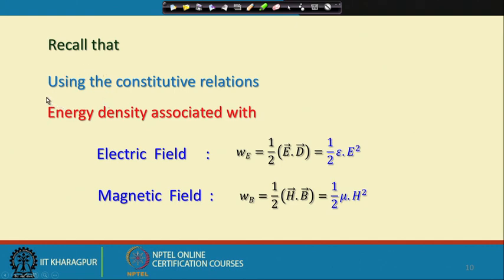So, the propagation direction is the direction along which the energy transport takes place. Now, let us recall that using the constitutive relations, the energy density associated with the electric field is half E dot D, which is equal to half epsilon E square, and the energy density associated with the magnetic field is in the same way half H dot B, which is equal to half mu H square.